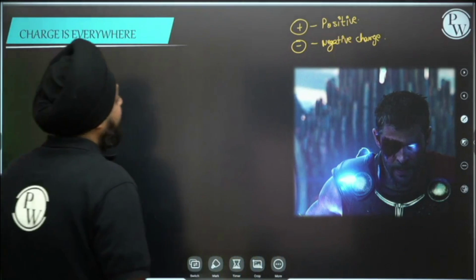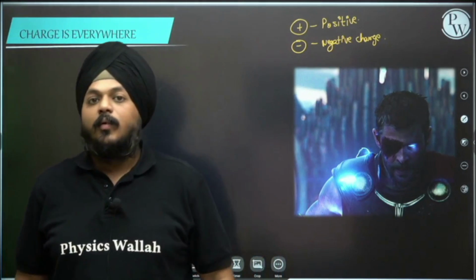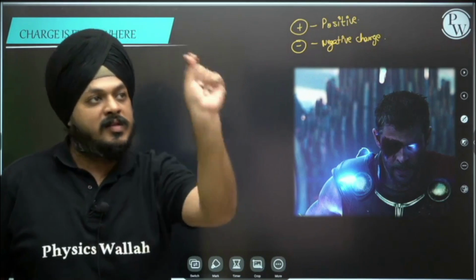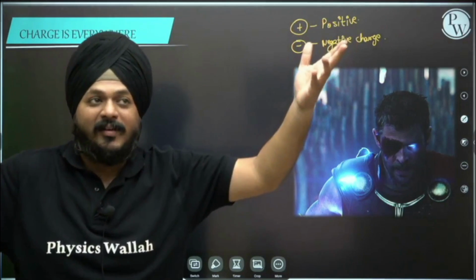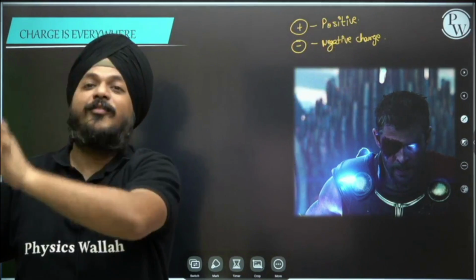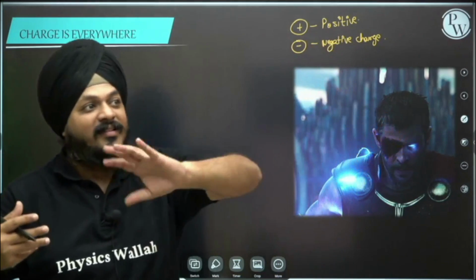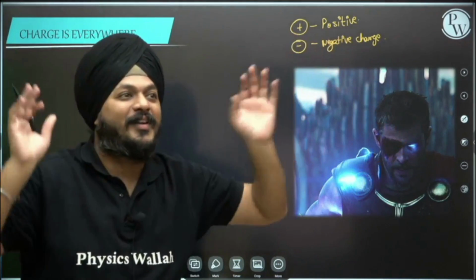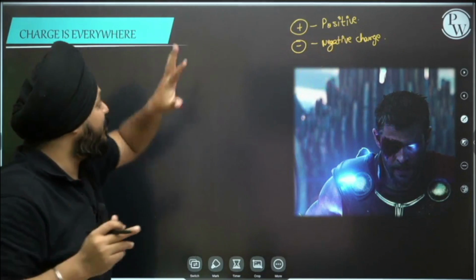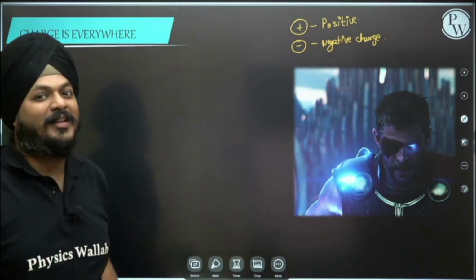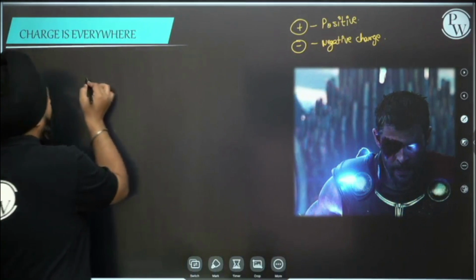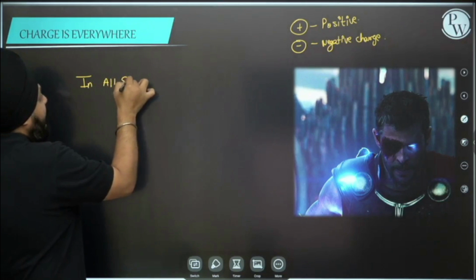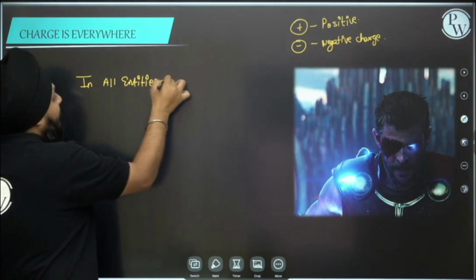Now, how is charge present everywhere? You told us, sir, static charge shows an electric field, shows some effect, electrostatics. And charge is also a fundamental particle present everywhere in the universe. Then why, on touching this smart board, are we not able to feel that effect?